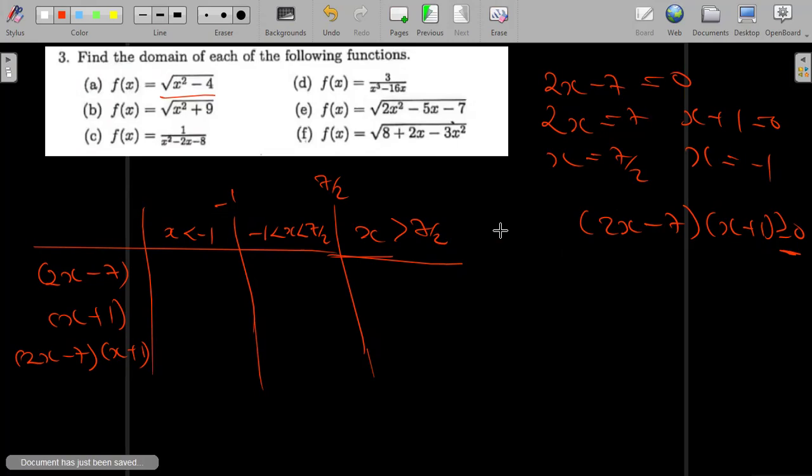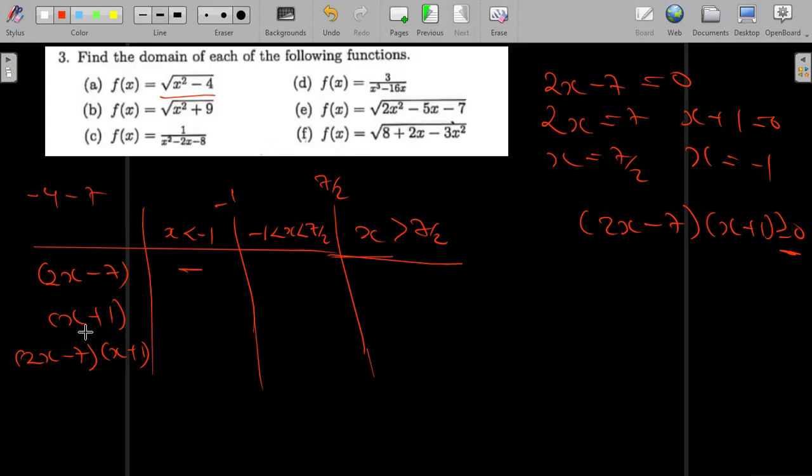How are we going to check that? Let's replace a value that is less than negative 1, say negative 2. In the first factor, 2 multiplied by negative 2, then minus 7, gives me a negative value.